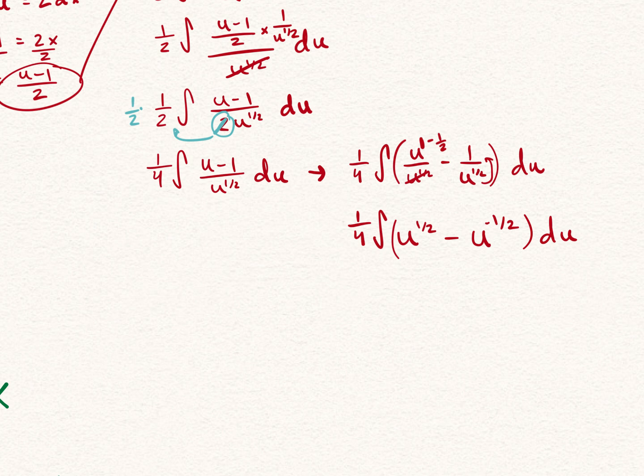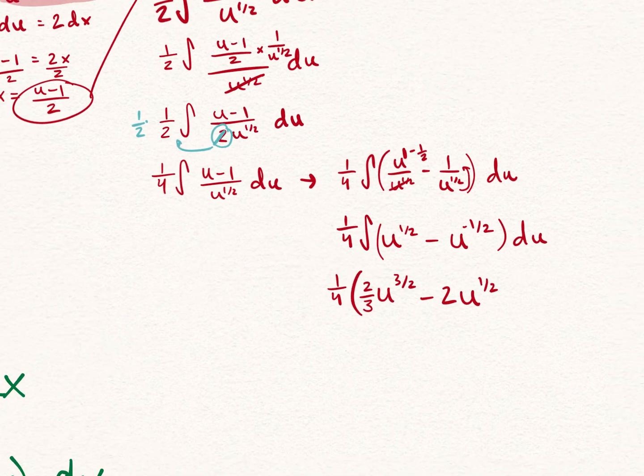Now we can take our antiderivative. So I'm just going to leave the 1/4 outside. Then I have u to the 3/2 power times 2/3 minus u to the 1/2 power. When I add 1 and then divide by 1/2, we get times 2.